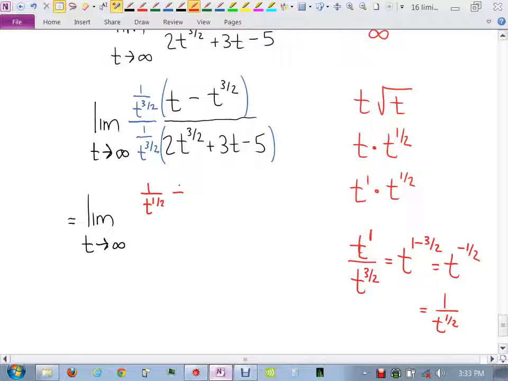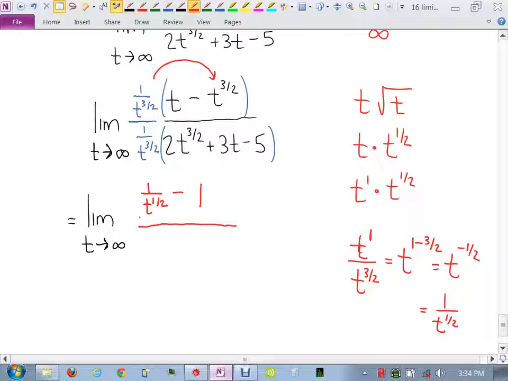minus what? One, right? That second distribution through there, they just cancel each other out. t to the 3 halves over t to the 3 halves, that's 1.